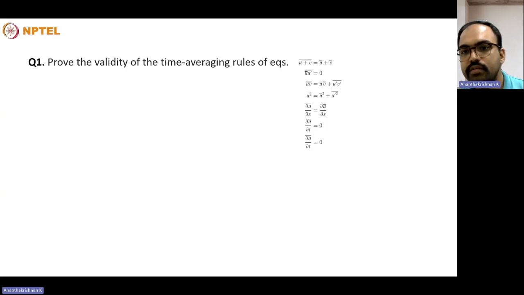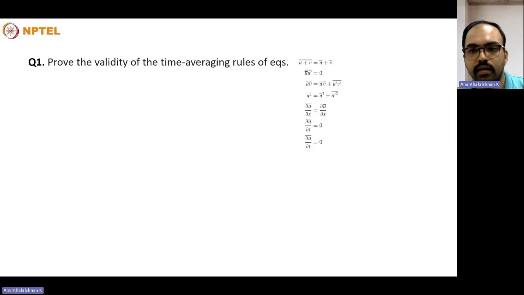The first equation says the average of the u component plus the v component of the total velocity is equivalent to the u average plus the v average. Then the mean component multiplied by the fluctuating component of the velocity, that product's average will be equal to 0.